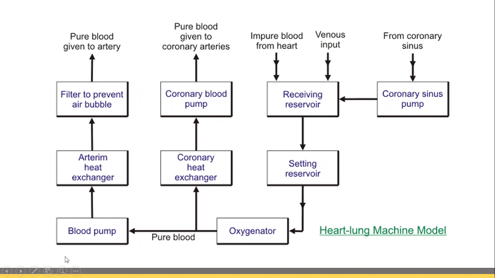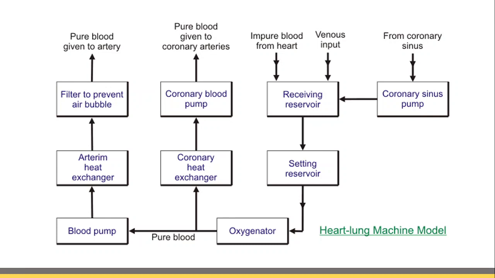The arterial heat exchanger is necessary during hypothermic or low temperature operations. This will maintain the temperature between 37 degrees and 30 degrees. Beyond this, ventricular fibrillation can occur. So without hypothermia, the operation time is limited to 10 minutes.